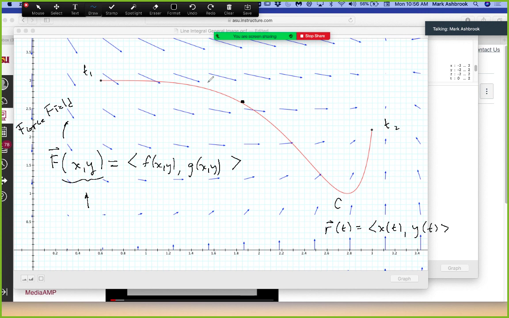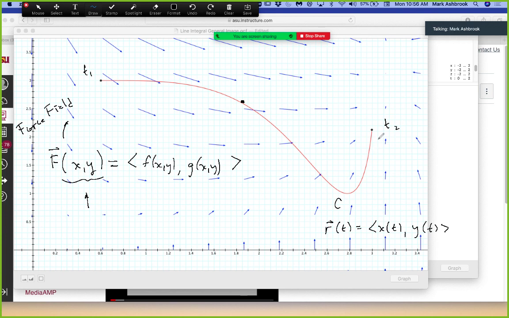There's a car driving on the road, and there's a force field that's applying force to the car according to the position, right? So at any position of the car along the road, this will tell us the force. The most common thing would be like the wind, all right? So this is a wind field, and this is the force of the wind on the car at any point along the road.